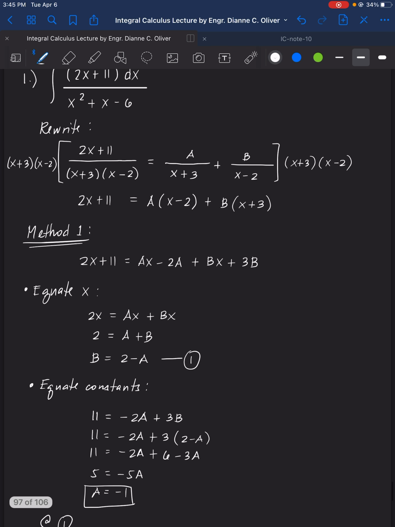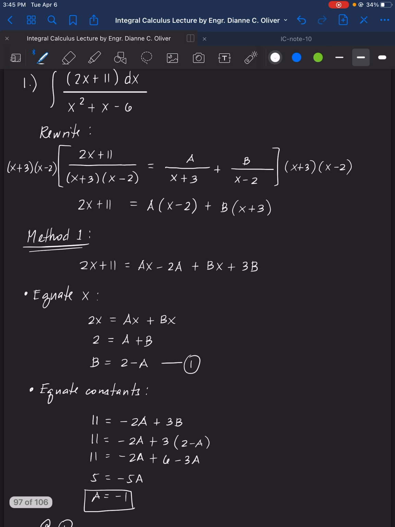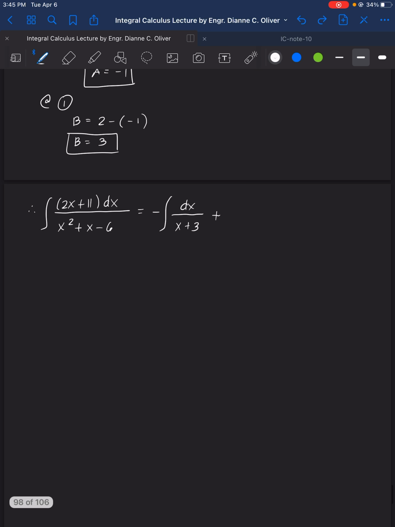Remember that came from here, where we were looking for the values of A and B. Since we found A as negative 1, we integrate it as negative integral of dx over x plus 3. Then plus, what's next is B over x minus 2, where the value of B is 3.